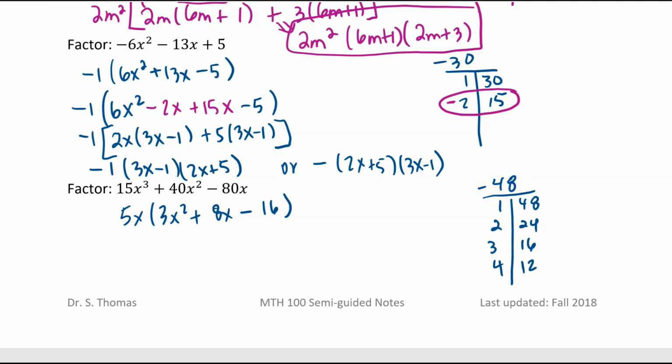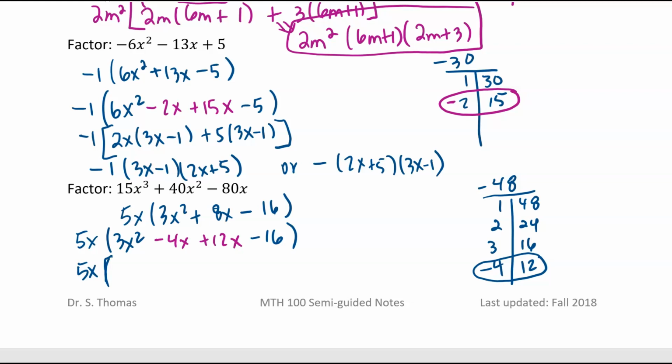So if you said -4 and 12, then you are correct. So we have 5x. We're going to have a 3x squared. Let's expand that middle to -4x plus 12x minus 16. And then you will have 4 terms, and that's when you factor by grouping.